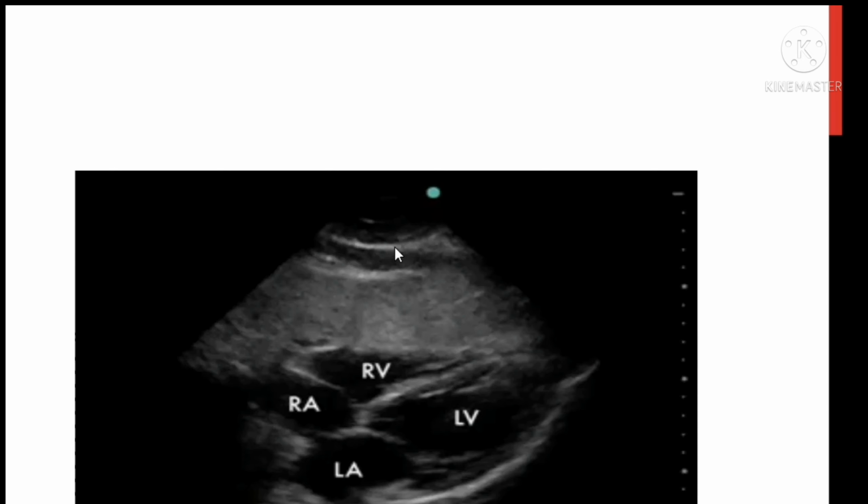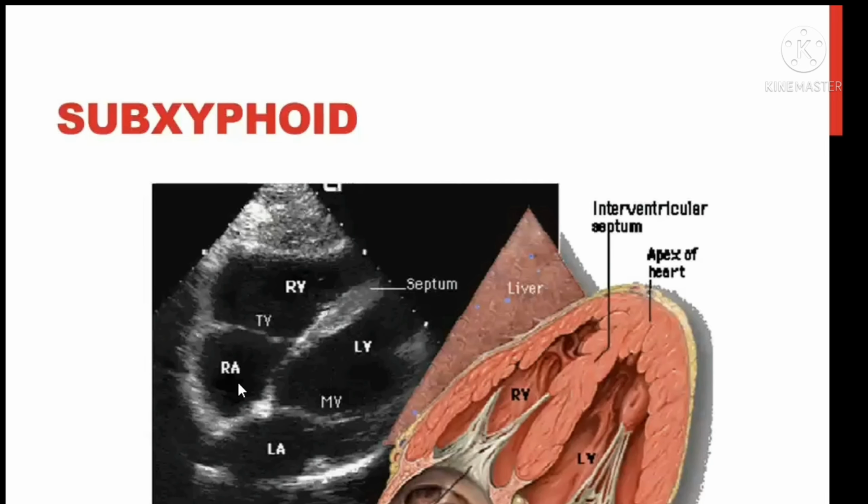You need to look towards the chin. If you do it from subxiphoid, you are scanning towards the chin. Subxiphoid: right atrium, right ventricle, LA, and then LV. Then the different valves, tricuspid and mitral valve.